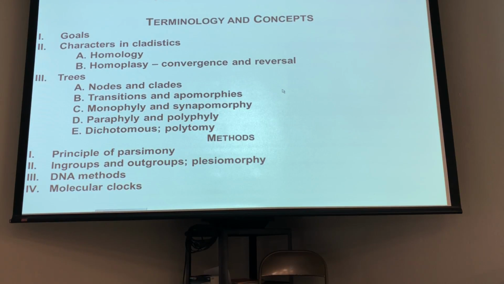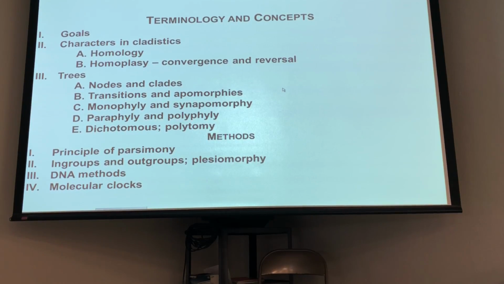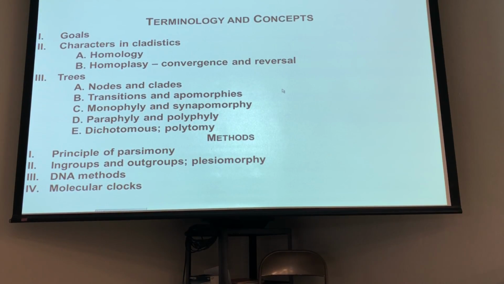Another type of homoplasy is a reversal. This is a character that changes and then returns to its original state. True reversals are certainly seen in DNA mutations. It's perfectly possible for a C in a particular position in the DNA to undergo a point substitution, become a T, and then later on become a C again.